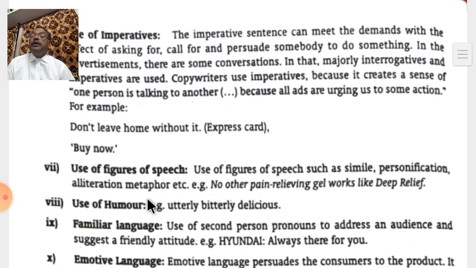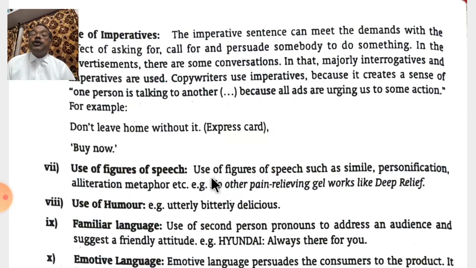Then use of figures of speech: similes, metaphors, personifications, alliterations. They can be used. No other pain relieving gel works like Deep Relief. See, that is one sentence. There are so many figures of speech, similes.